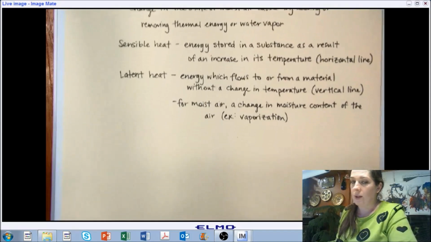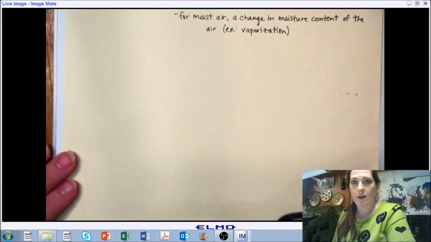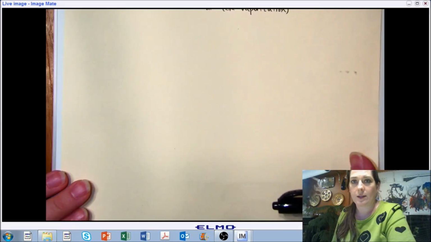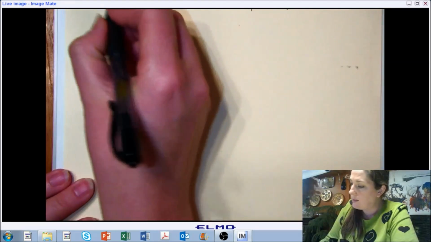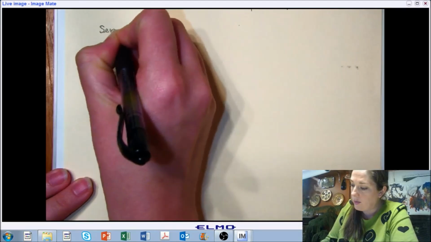Okay, so let's get started with the first process we're going to look at. We're going to start with pretty simple processes, and then not necessarily work our way to more complex, but work through the various processes. But the first two are relatively simple ones. So we're going to start with sensible heating and cooling.